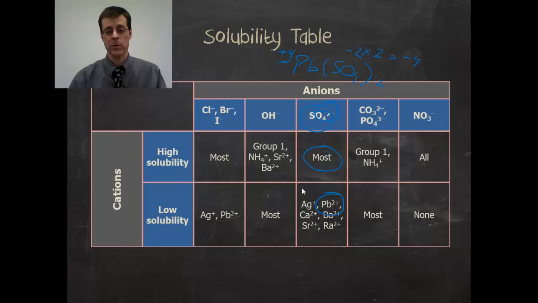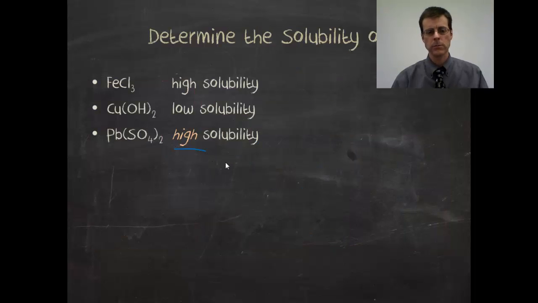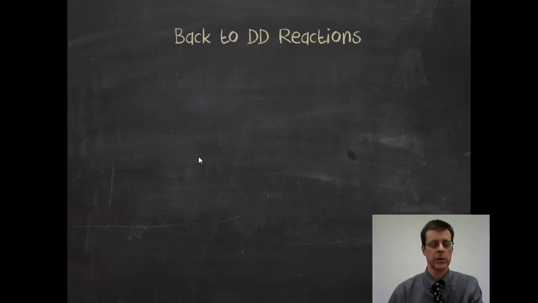So I'm going to assume it's in the top list, and that corresponds to high solubility. Now, am I going to be absolutely correct all the time? Maybe not. But outside of making those exceptions, that's how I would use the table to predict the solubility of this compound, because it's lead 4+. All right, so that was a bit of a side trip using the table and understanding solubility.